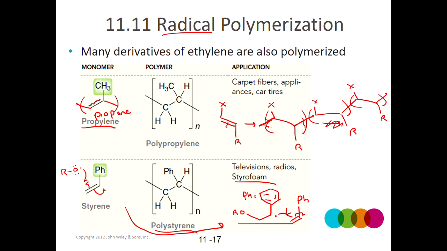But then I get this aromatic ring on every unit, and that affects the properties, depending on how much branching there is and how long the chains are, and whether or not air is injected into it as it's forming. I might get something that's more like styrofoam, or I might get a harder material like a petri dish or different harder plastics.